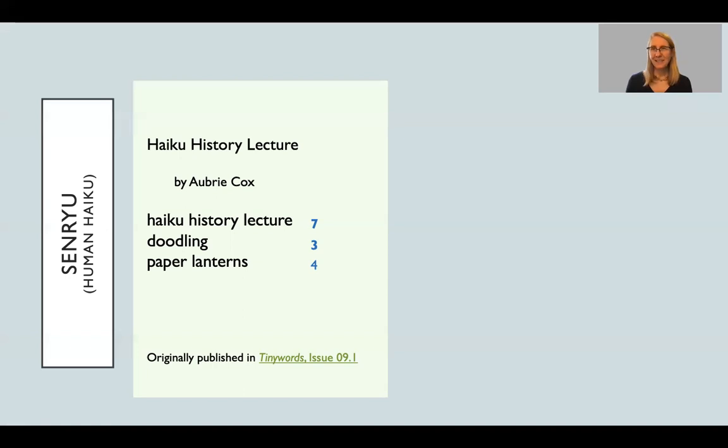So in this, I imagine the student, right, trying to pay attention to the lecture on haiku history, sitting there doodling paper lanterns in the margin. And so to me, this is a little bit funny, having been there myself as a student, but also it's kind of commenting on awareness, mindfulness, being in the moment and engaging with what's in front of you.